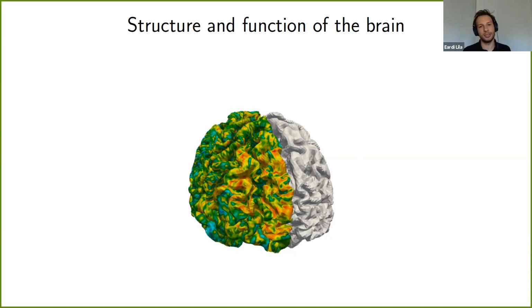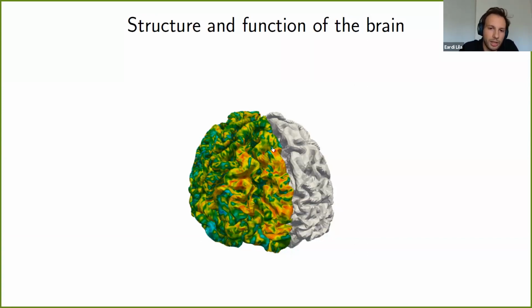But of course, what makes the brain interesting is not just the anatomy, but also the way the brain functions. And this color map that you can see here is instead a description of how the brain functions. So imagine green values are low values and red values are large values. This signal represents how hard every single part of this brain is working, okay?